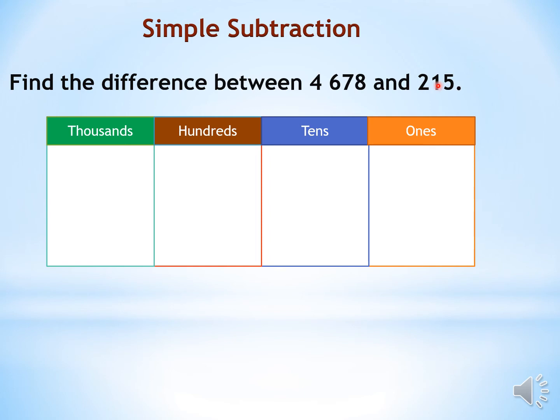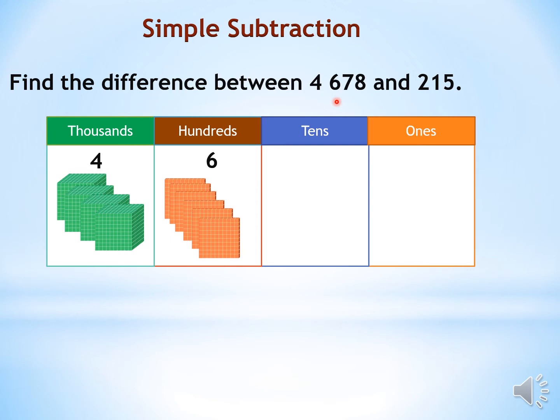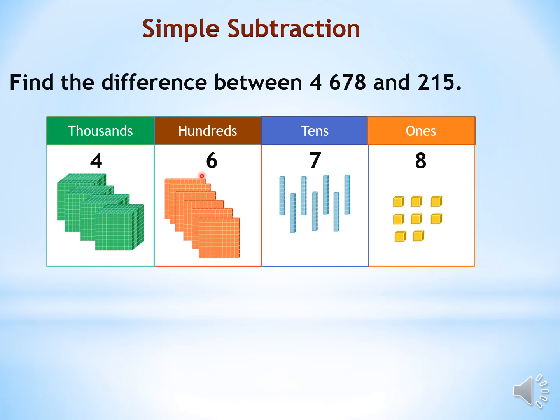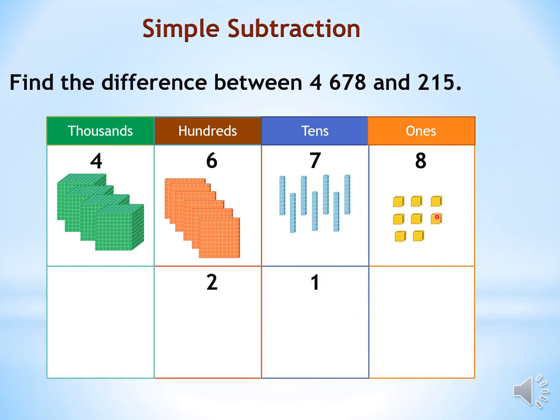So, firstly I mention 4,678 in this place value table. Yes, there are 4,000s, 600s, 7 tens and 8 ones. From 4,000s, 600s, 7 tens and 8 ones, we should subtract 215.